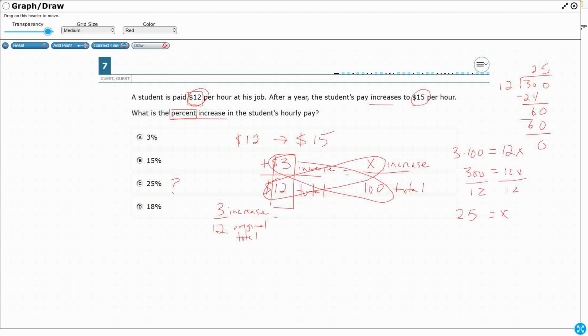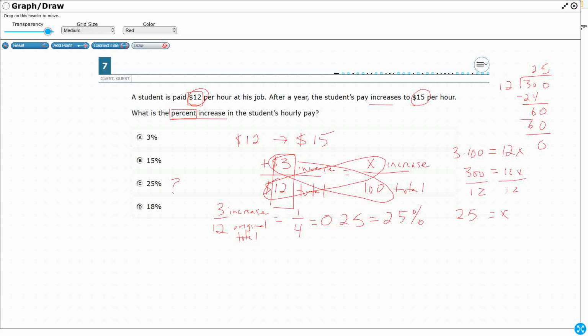I mean, look what we had here. We had a fraction 3 over 12, right? Let's divide by 3 over 3. And what are we going to get? 1/4, which equals 0.25, which equals 25%.